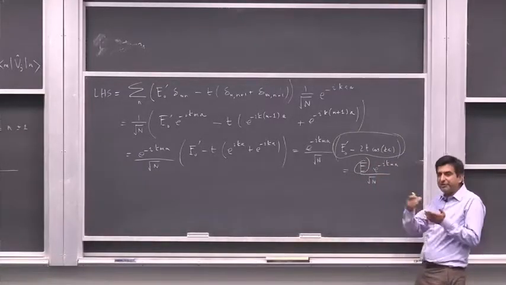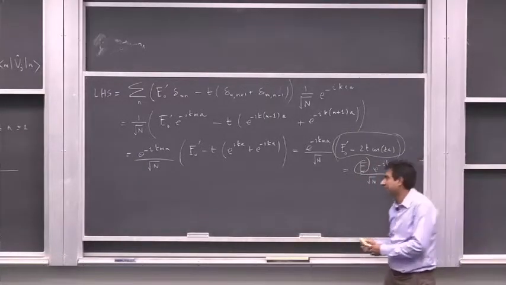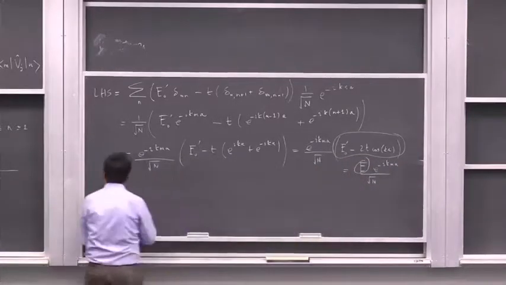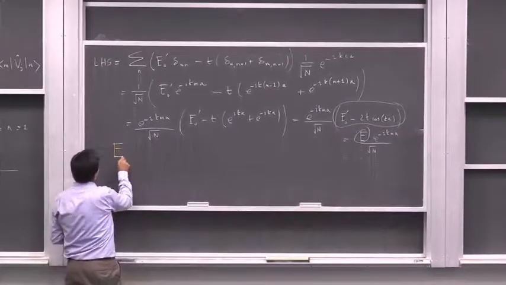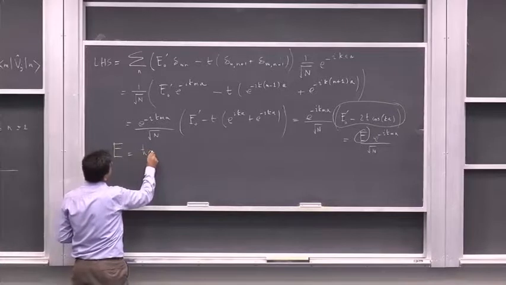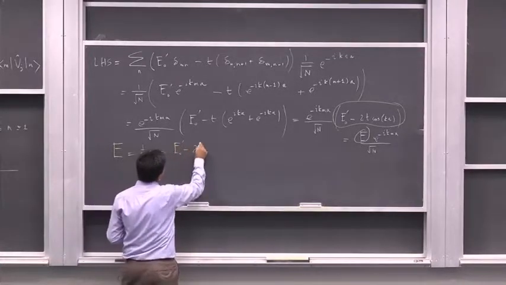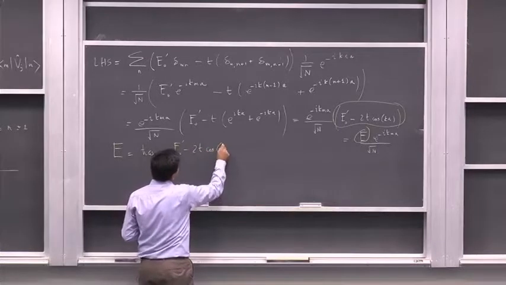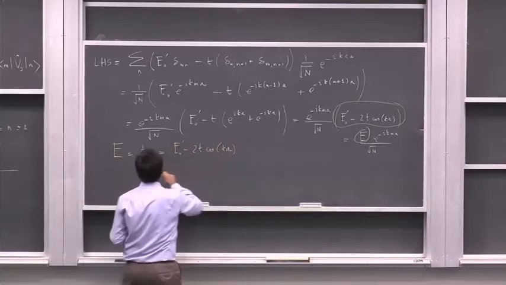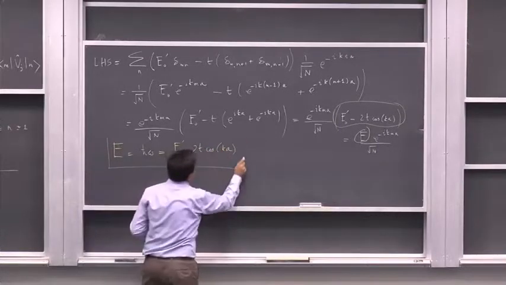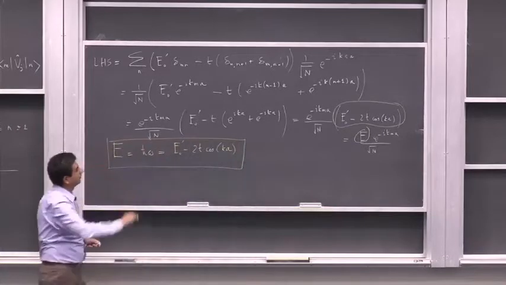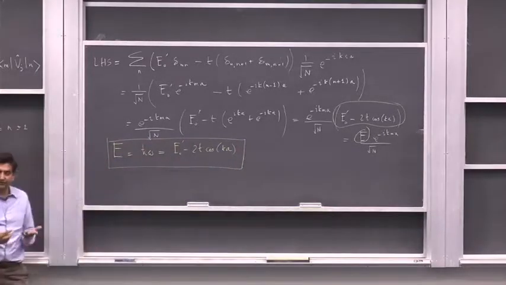So the dispersion relationship for a tight binding chain, E, which is h bar omega, turns out to be E naught prime minus 2t cosine of Ka. This is the dispersion relationship.